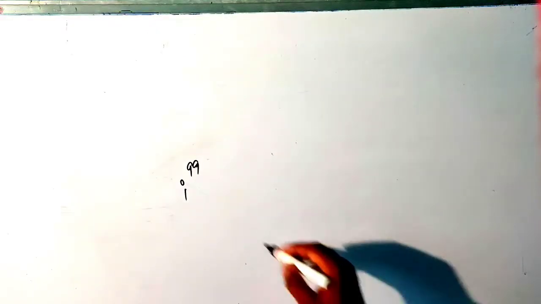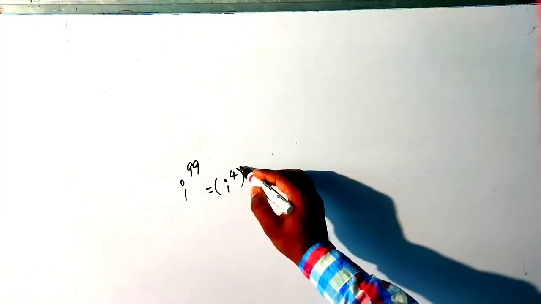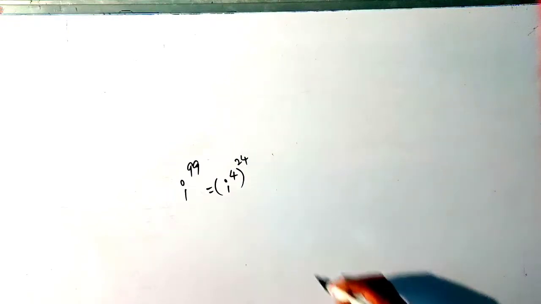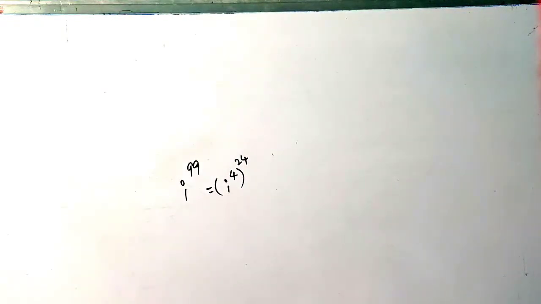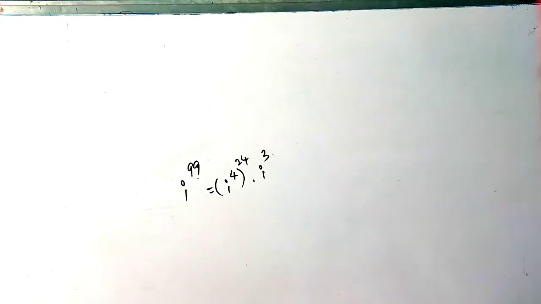So how to find out i power of 99 here? i power of 99 can be written with multiples of 4 first. i power of 4 whole power of 24 we take here, because 24 4s are 96. Remaining we have 3, so i cube. So i power of 96 into i cube.